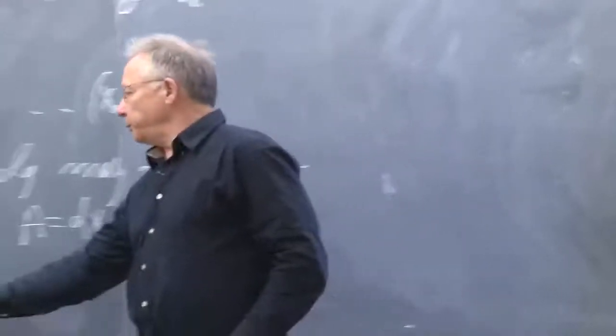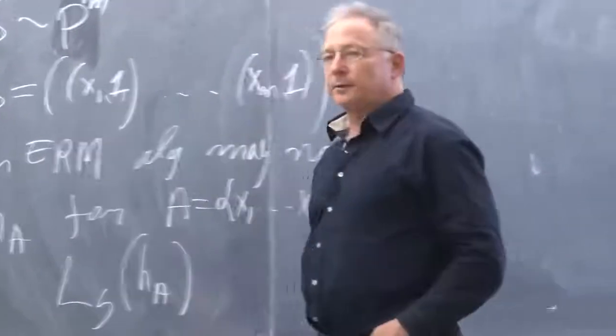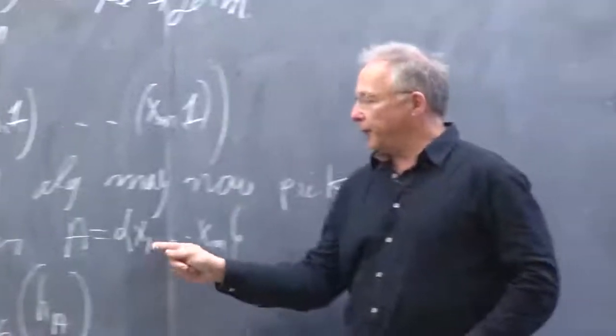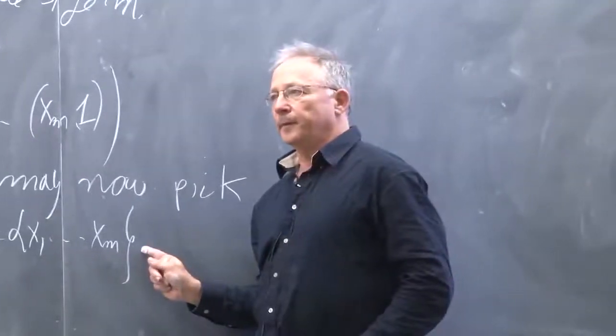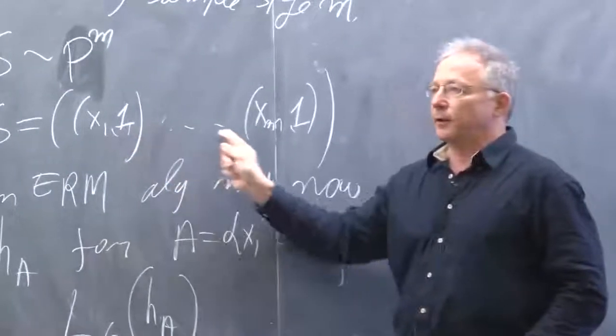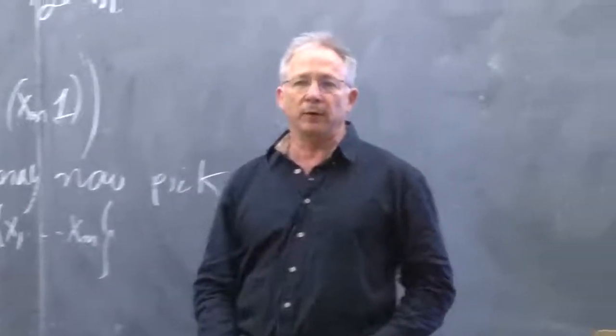So what is going to be L_S of H_A? What is going to be the error of this function? This function, H_A, gives you 1 for every element of A and 0 outside. So for each element of S, it's going to give me label 1. So what is going to be my empirical error?